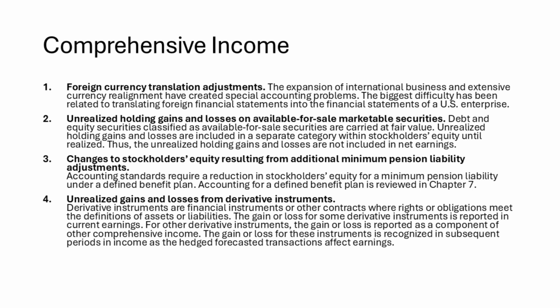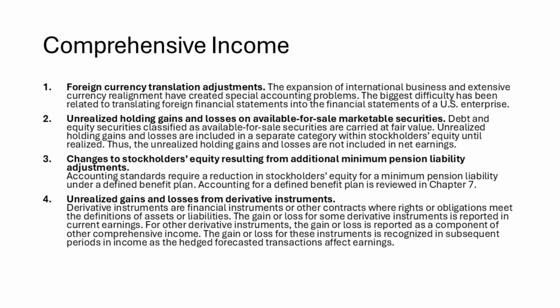So we just talk about that and then move on to point 4, the unrealized gain and loss from derivative instruments. Derivative instruments are financial instruments or other contracts whose rights or obligations meet the definitions of assets or liabilities. The gain or loss for some derivative instruments is reported in current earnings.